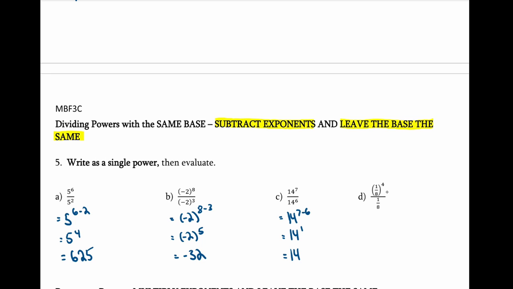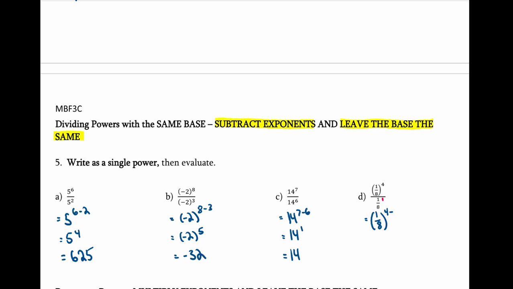D, even though I have fractions, it's still going to be the same steps. My fraction is my single base, so I know it's going to be 1 over 8. And to get the exponent, it's going to be 4 minus, I don't see anything on the denominator of this bottom 1 over 8. So if I don't see an exponent, remember we assume that it's 1.